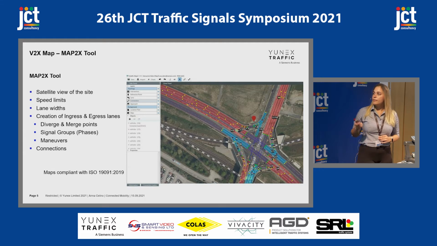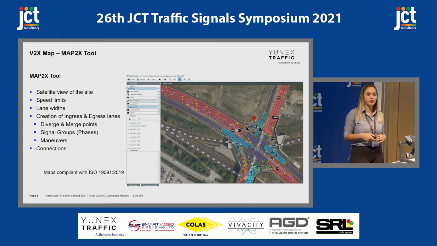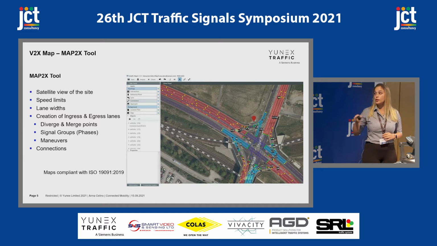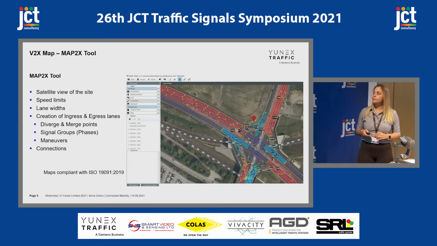We can also create divergent and merging points, and because we have the satellite view, we have a very accurate map, so we can make sure that all the geographic locations of the map are correct. We can bring signal groups and phases into the tool as well, so you can make sure that all the geographical and topographical parameters are included in the map.